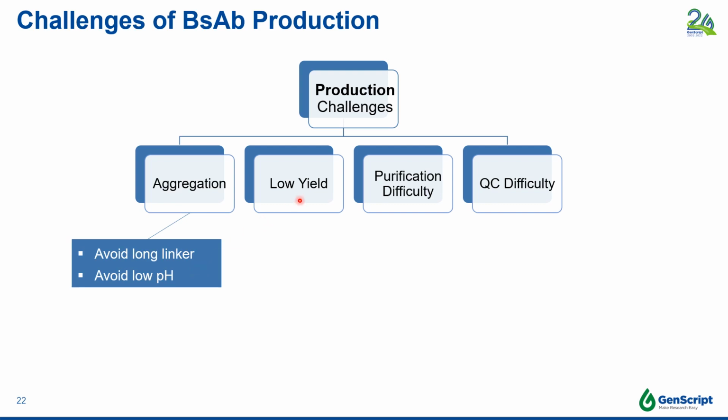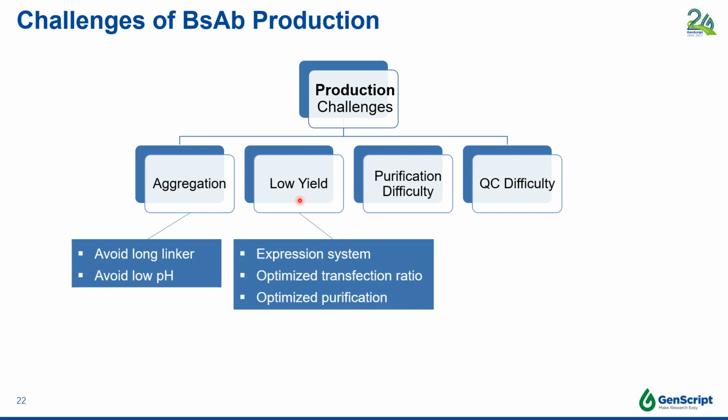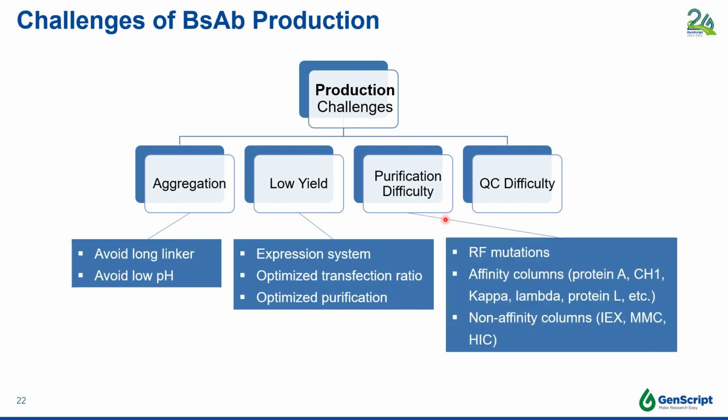The yield can be improved by changing the expression system, optimizing the transfection ratio, and using better purification methods. And for purification, there are several strategies to get high purity product, especially for asymmetric BsAbs.